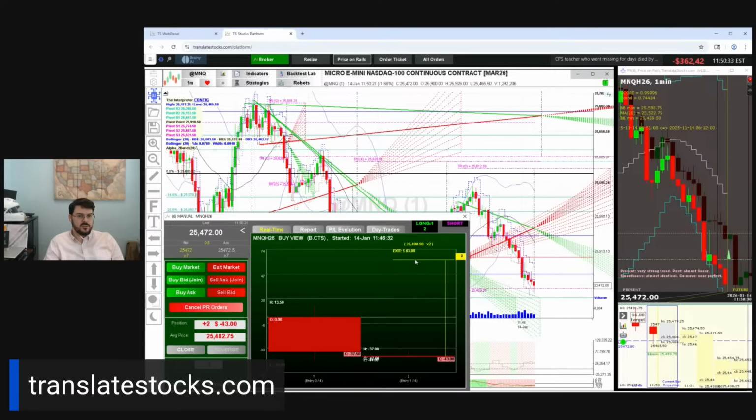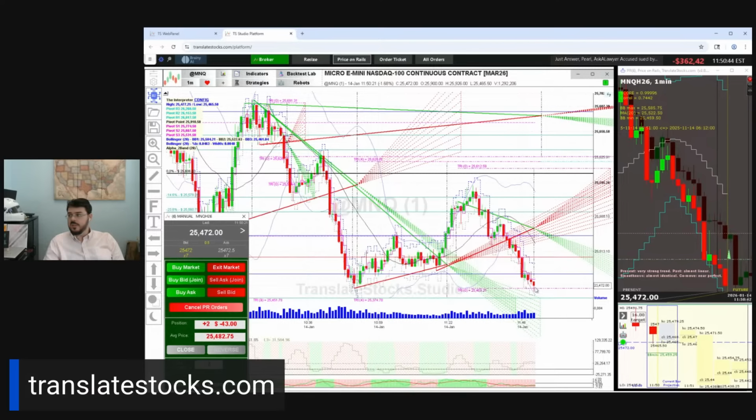That's a good exit point. The risk here is that we are just at the boundary of the abyss. So if the price indeed goes down, that's our risk.